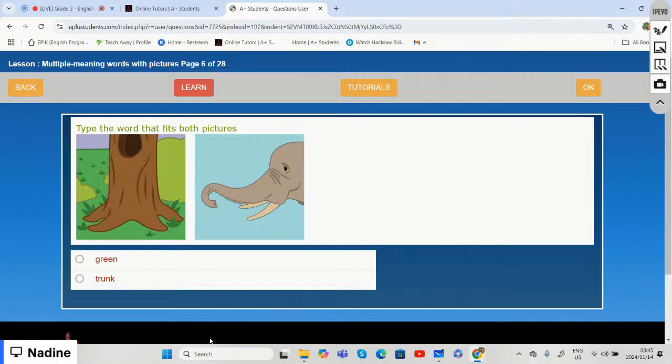All right. One more, and then we are done with the class. If we look at the pictures, we need to choose the one word that fits both of the pictures.